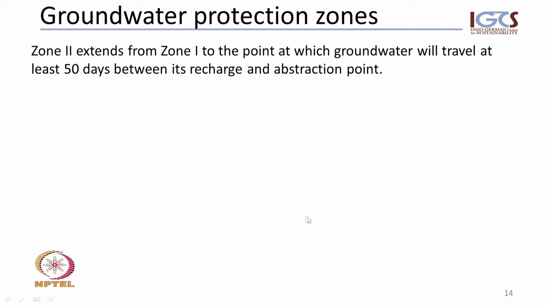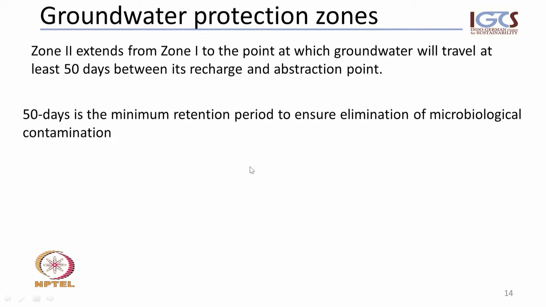Zone 2 extends from zone 1 to the point at which groundwater will travel at least 50 days between recharge and abstraction. That 50-day limit comes from being a minimum retention period to eliminate microbiological contamination, usually bacteria, which will be infiltrating through the soil, moving through the soil layers towards an abstraction point, and will be dead within a period of 50 days.